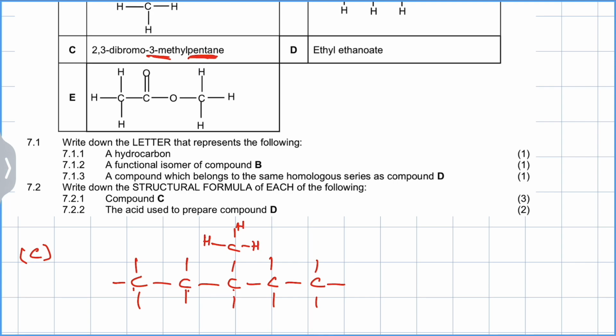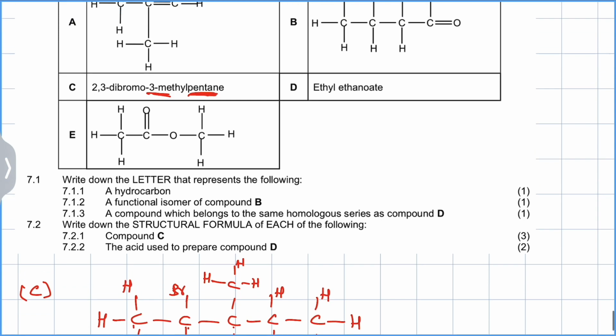And then you have 2,3-dibromo. So we have a bromine here, that's carbon number 2, another bromine on carbon number 3. Then you just fill in the remaining hydrogens. So that is structure C.